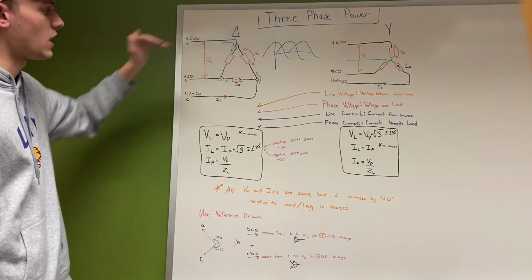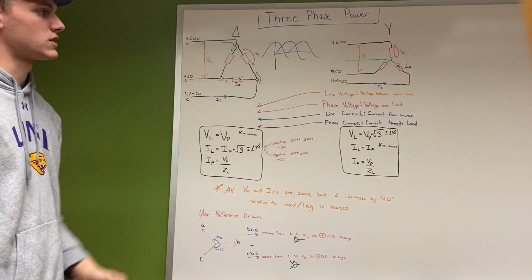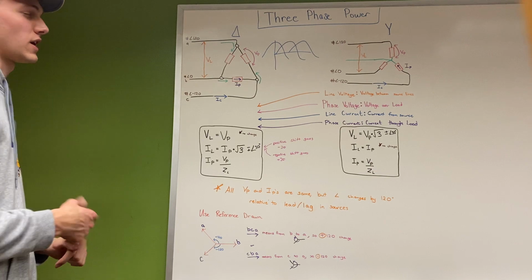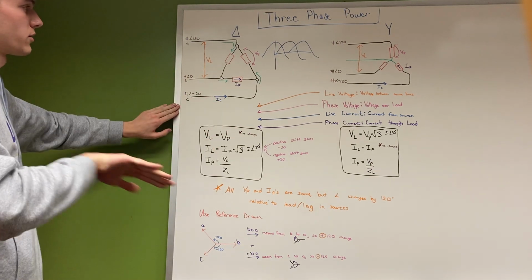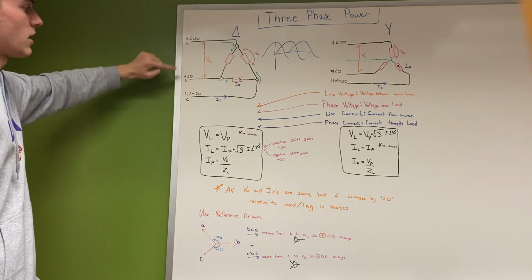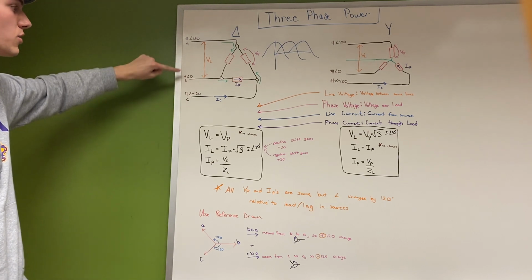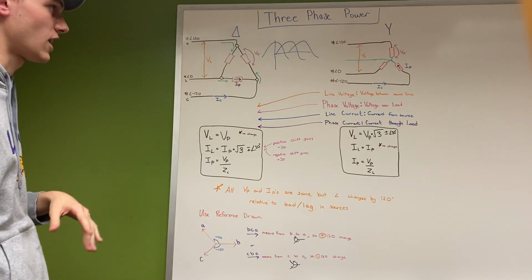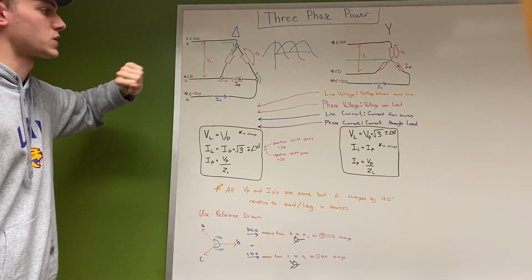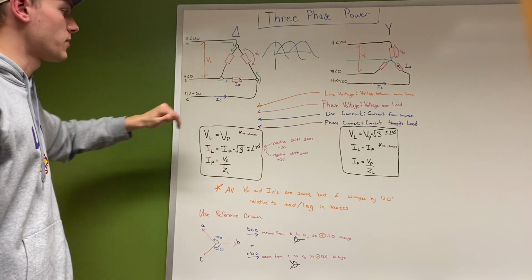So I have three lines that are going into this, right? If I have a generator that's making three lines of power, I'm gonna have one line, two line, three line. They're gonna be varying by 120 degrees. That's shown as easy as I could here with 120, 0, and negative 120, okay? Those are three source lines, okay?